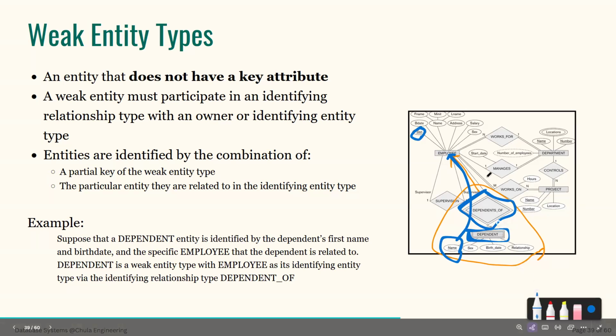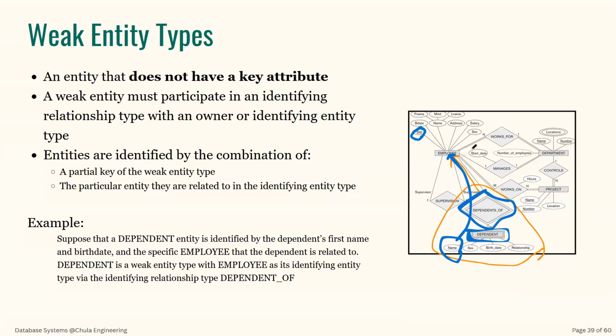Now, if we take a look at this a little bit further, you can see that an employee has dependents, right? Now, I have the single line here and double line there, and there's one to many. So it means that the employee may have many dependents, right?